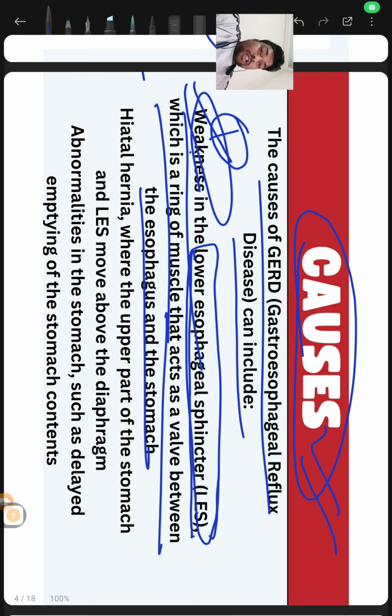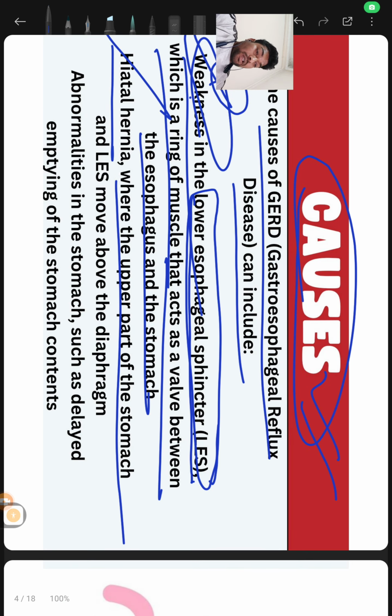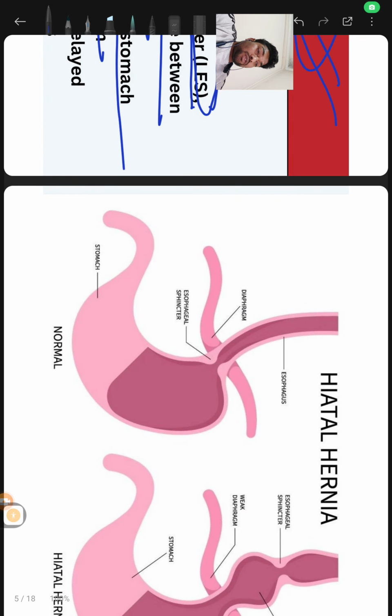Okay, now the second cause is hiatal hernia, where the upper part of the stomach and LES moves above the diaphragm.